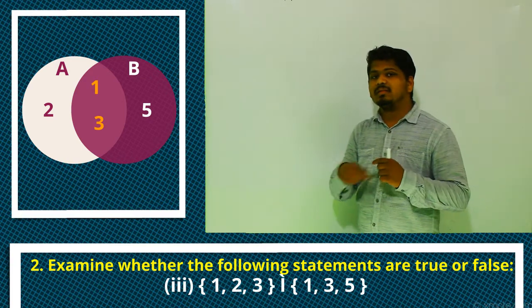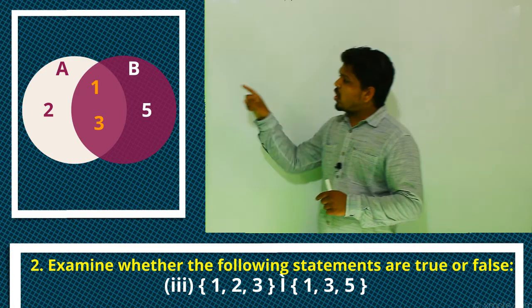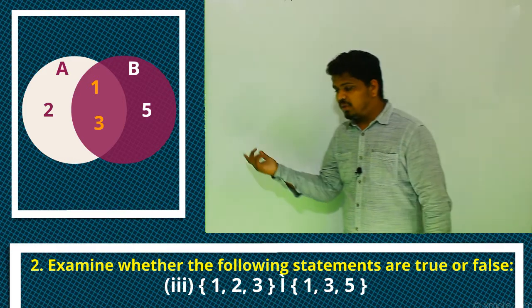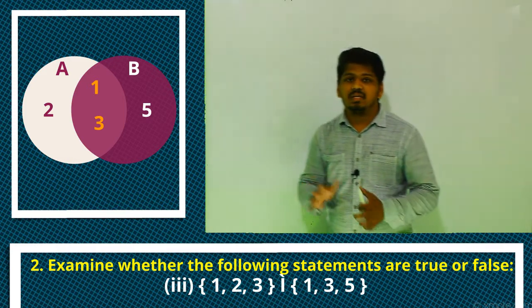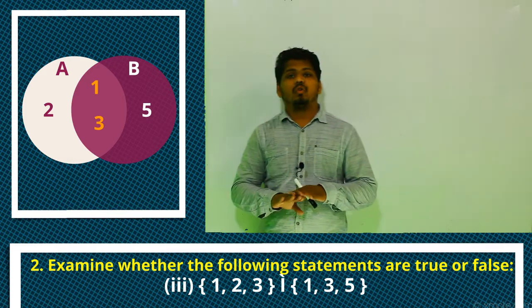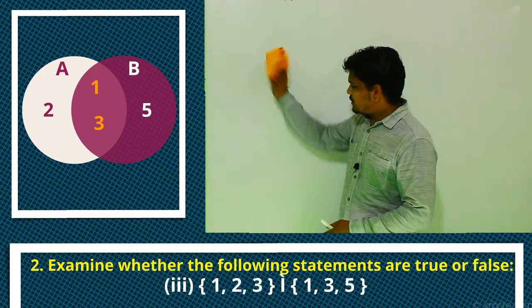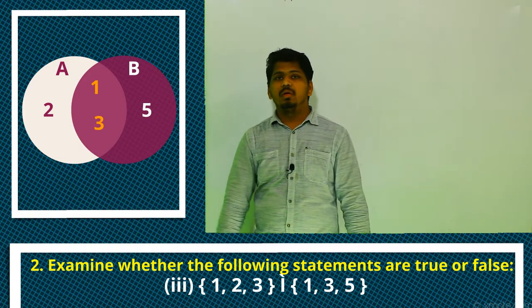I have told you, if there exists one element in A which is not in B, that directly indicates A is not a subset of B. Here they have given that the first set is a subset of B, which is a wrong statement. Therefore you will write the third as false, since the first set is not a subset of the second set.